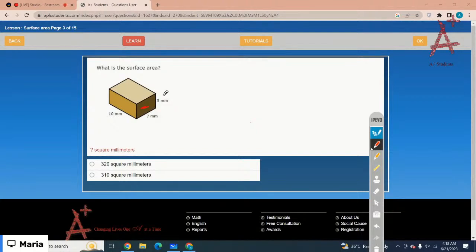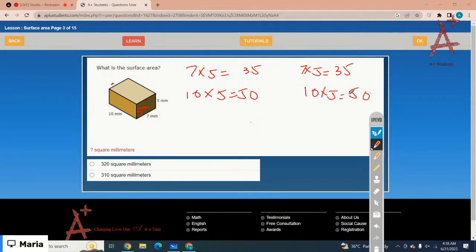Got it? Let's start with this one. It would be 7 times 5 equals 35. The other side also has the same measurements. It would be 7 times 5 is 35. Got it? Okay, look at this side, 10 and 5. You have to do 10 times 5 equals 50. The other side also has the same value. Okay, the third one is 7 and 10. It would be 10 times 7 is 70 and 10 times 7 is 70.